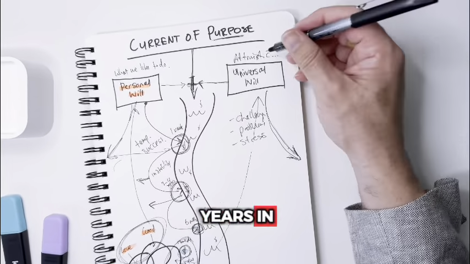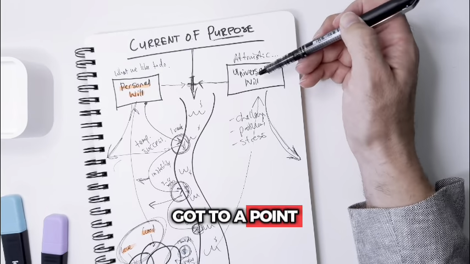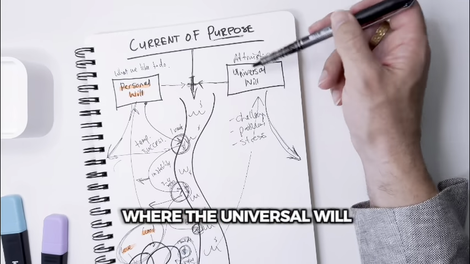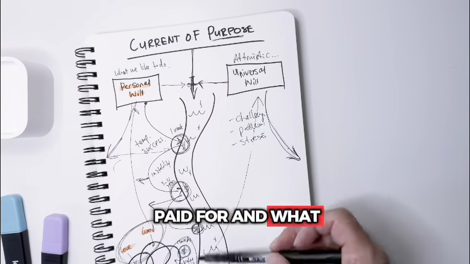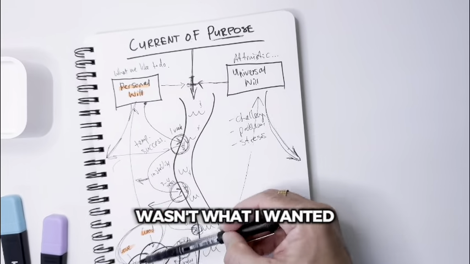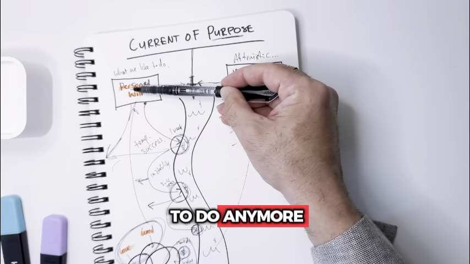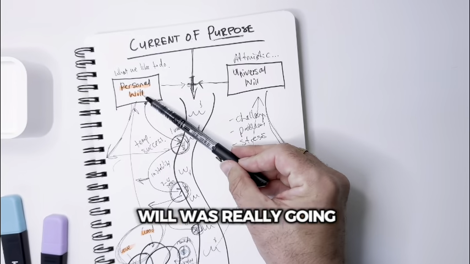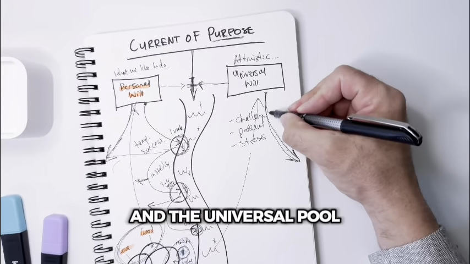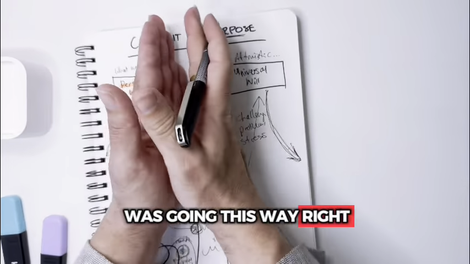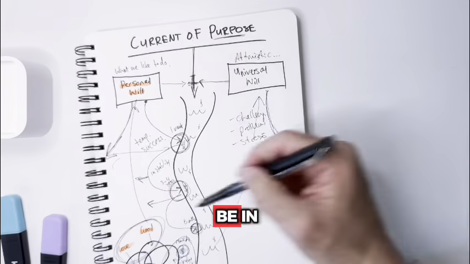I got 15 years in, and I just got to a point where the universal will, and in this time, what I could get paid for and what people needed wasn't what I wanted to do anymore, right? So my personal will was really going this way, and the universal pull was going this way, right? And this is not a good place to be in, right?